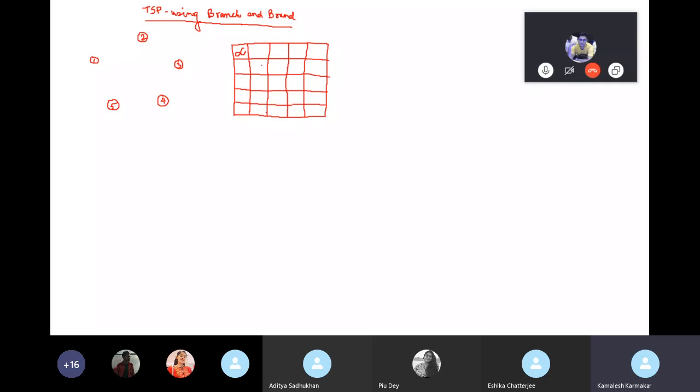All the elements in the main diagonal will be infinite.